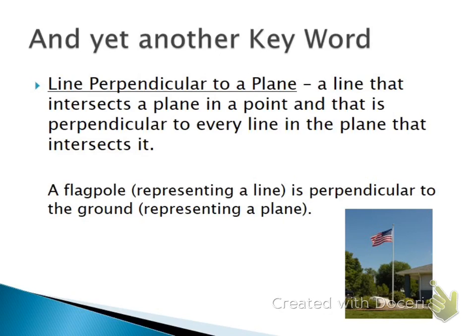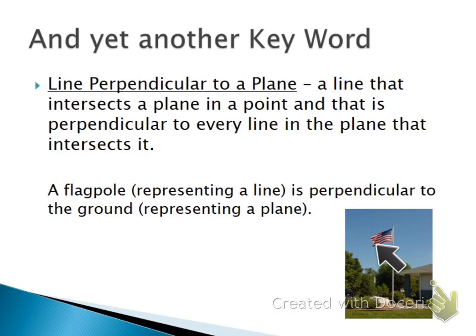All right, yet another key word: a line perpendicular to a plane is a line that intersects a plane in a point and that is perpendicular to every line in the plane that it intersects, which is really more wordy than the true meaning of it.